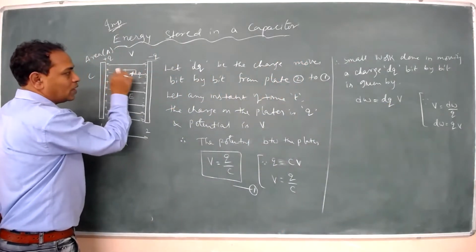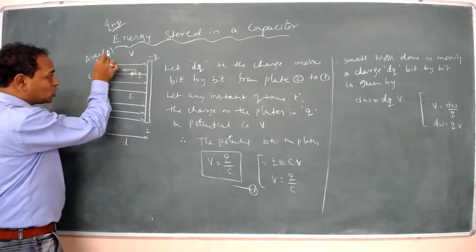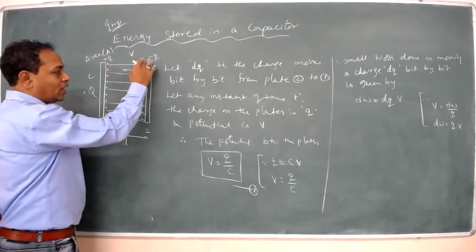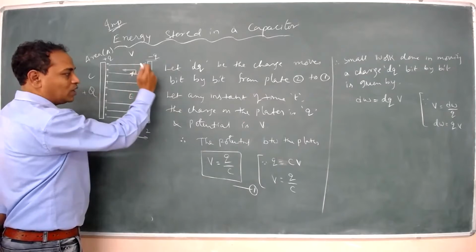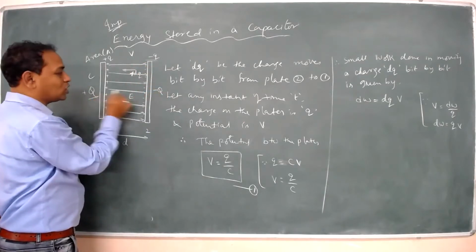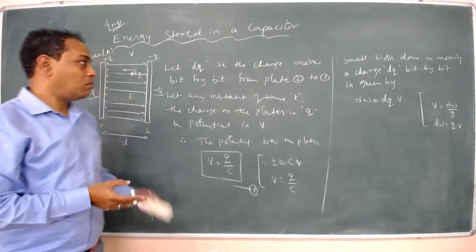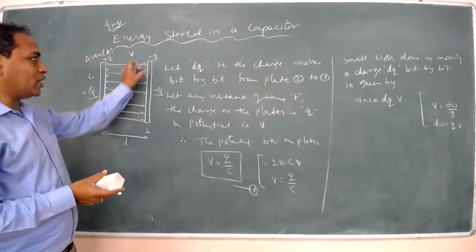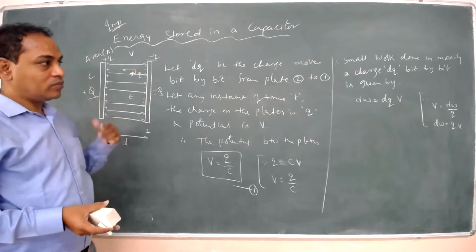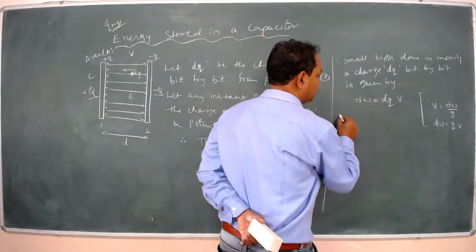Small charge by small charge, until the entire charge has been moved here, and the total charge on it becomes plus capital Q, while the entire negative charge left here is minus capital Q. So plus Q and minus Q are the maximum charges on the plates. Then I have to calculate how much work I have to do.